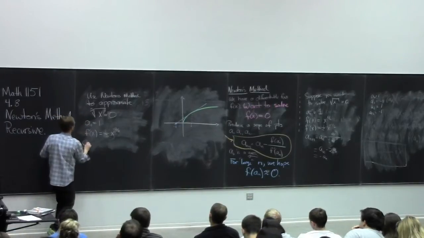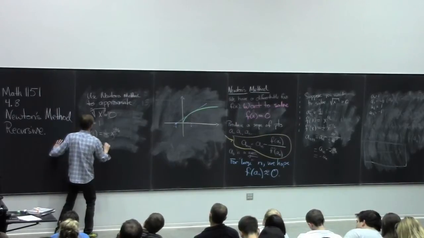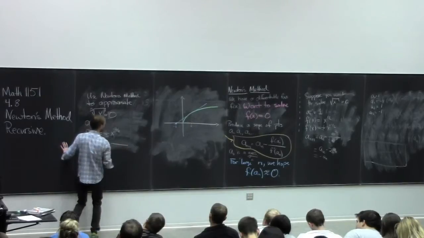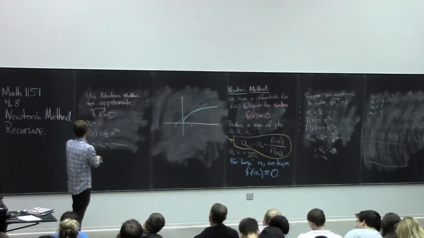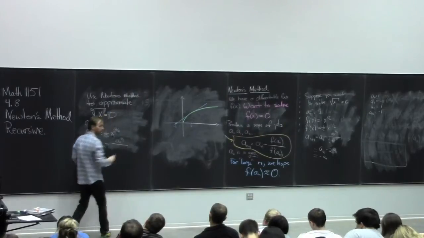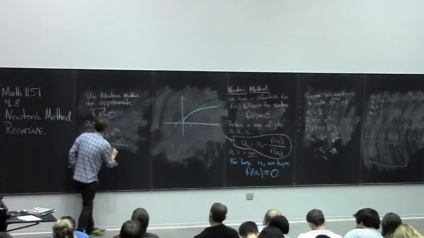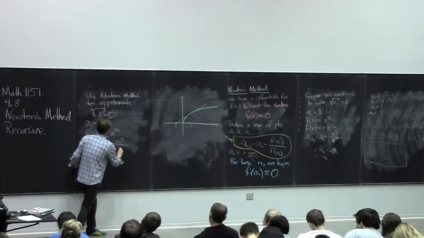So now, a n plus 1 is equal to a n minus f of a n. So that's going to be a n to the 1/3, right? Over 1/3 a n to the minus 2/3.